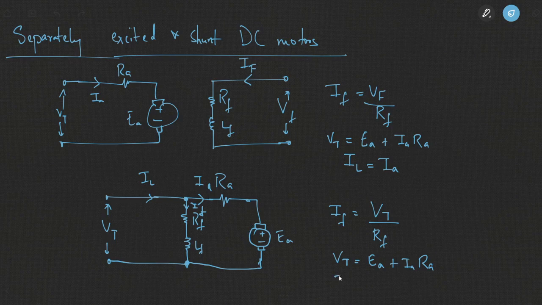But in this case, the load current IL is equal to IA plus IF. So you can see a separately excited DC motor is supplied from separate constant voltage DC power sources, while in case of a DC shunt motor, the field windings and the armature windings are fed from the same source.